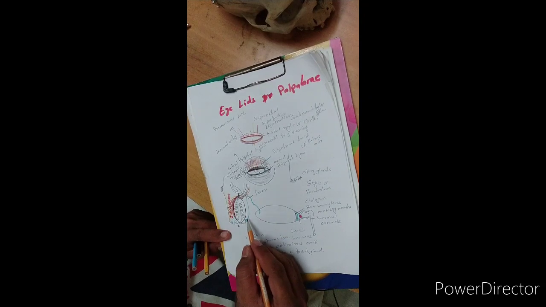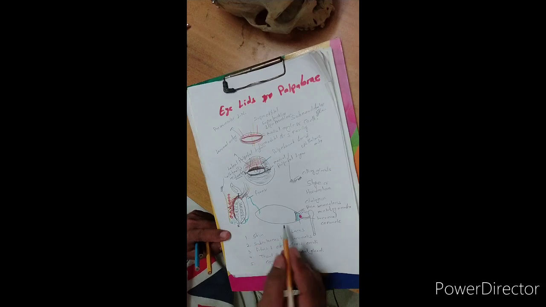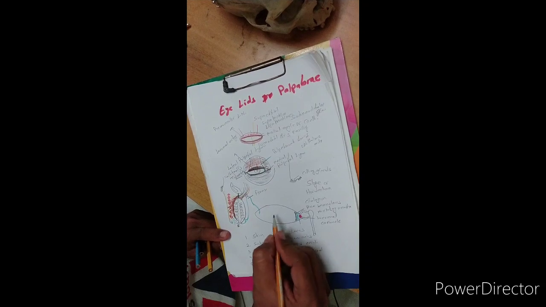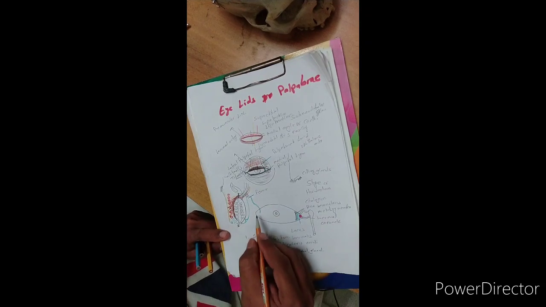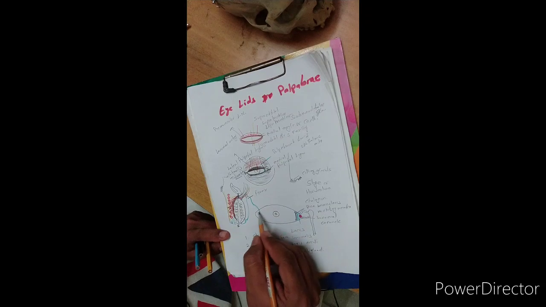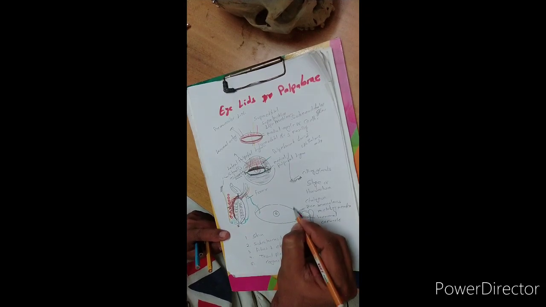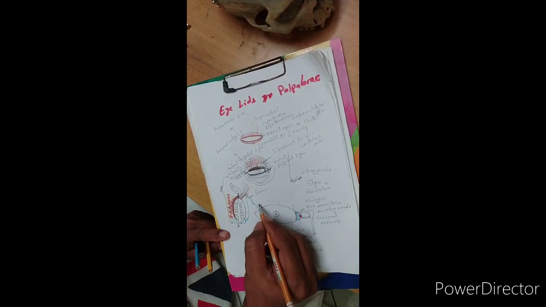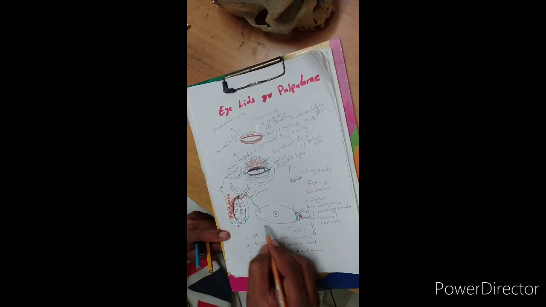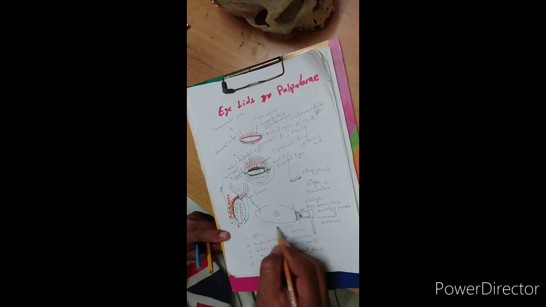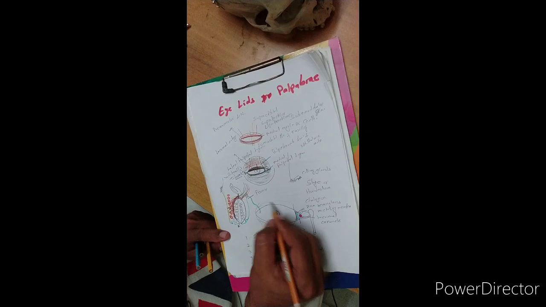Between the palpebral part and the ocular part, one sac is formed here, and this is the conjunctival sac. Here, suppose, is the cornea, here is the pupil. This is the ocular conjunctiva, and suppose these are the lids, the lower lid and the upper lid.